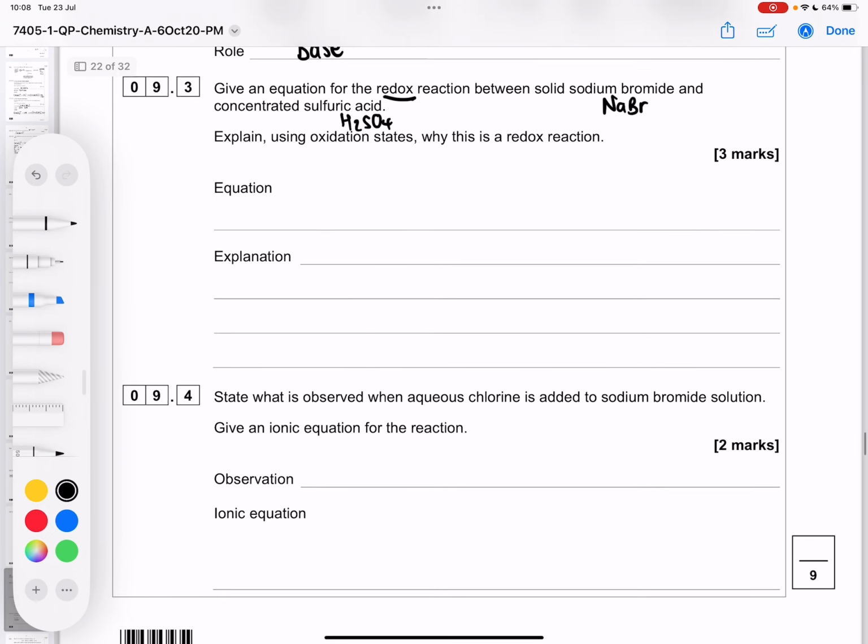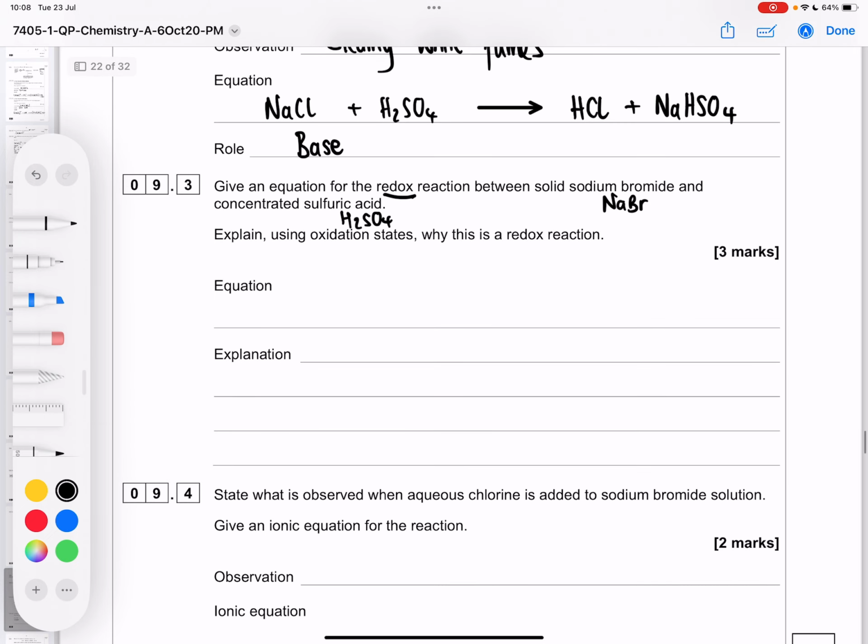You may need to do some working out on this because unless you've remembered it, you've got to construct a redox reaction from the two. So the bromide ions are oxidized to bromine, and with bromide, sulfuric acid is reduced to sulfur dioxide.